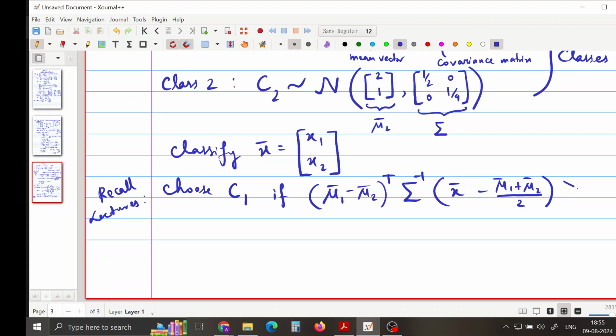This entire term is greater than or equals to 0. This was the condition. It has been discussed in the lectures.